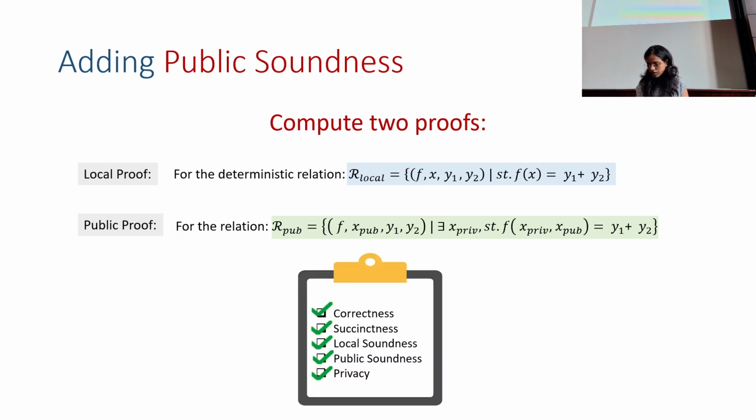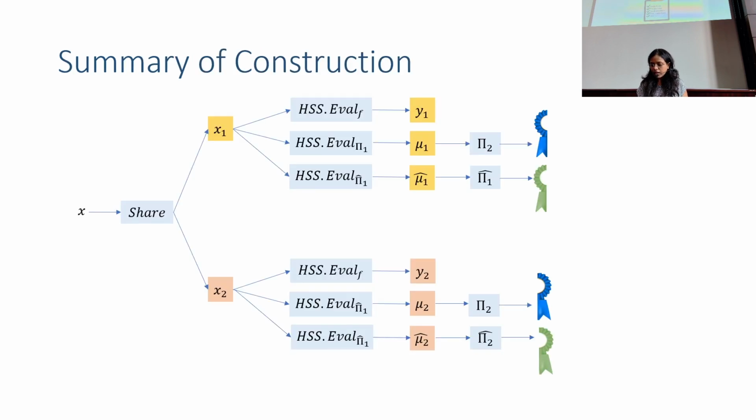Okay, so now we have a construction that satisfies all of the properties that we needed, and it only makes black box use of cryptography. And here is a quick summary of this construction. We have a client who initially secret shares an input X, and then the servers subsequently use HSS eval to compute output shares for this function f that the client wants them to compute.